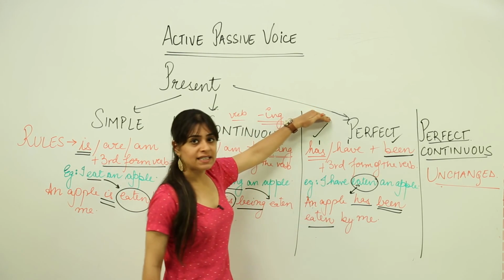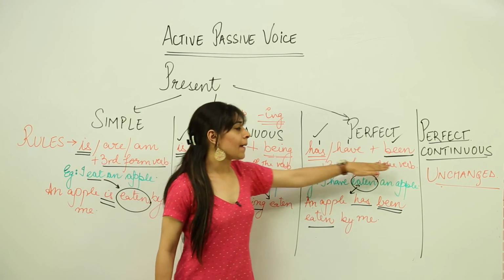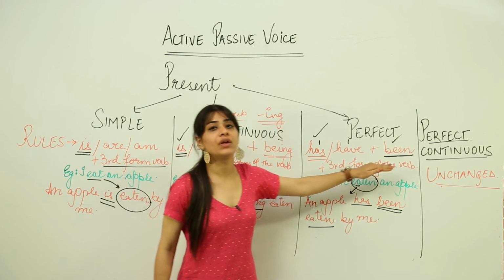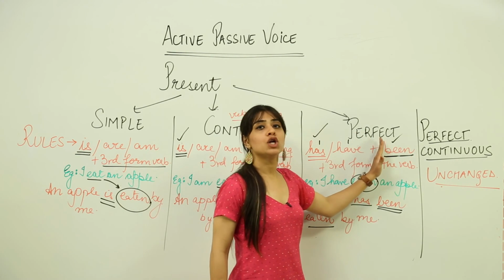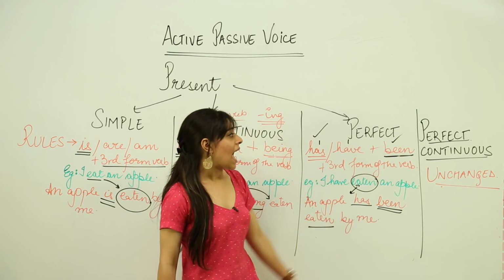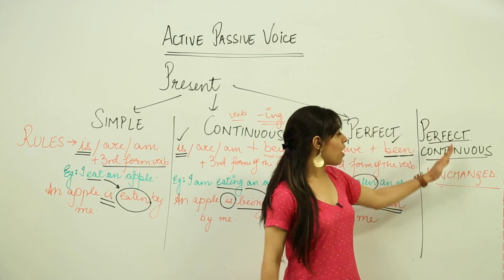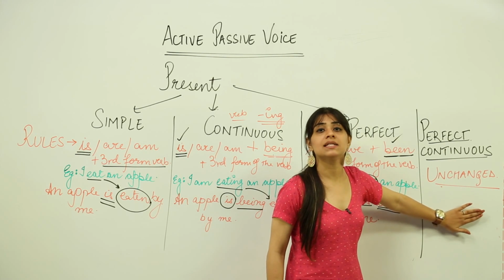In present perfect tense, we use the rules has, have, been plus third form of the verb. Again, another thing to keep in mind is that the verb been shows us the perfect, that the action has been completed. And remember, in present perfect continuous tense, the passive voice remains unchanged.